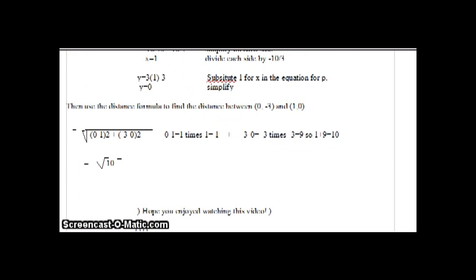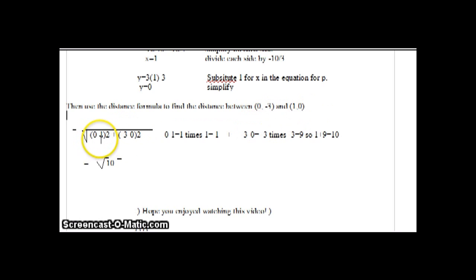Then use the distance formula to find the distance between (0, -3) and (1, 0). You put 0 and negative 3 in for the first point and 1 and 0 for the second.